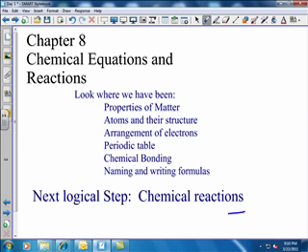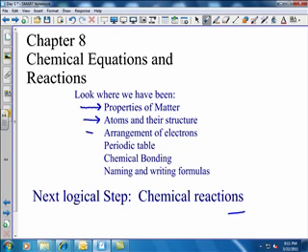Okay, so Chapter 8 is entitled Chemical Equations and Reactions, and it really is the next logical step to where we've been. If you look at where we've been, we started out the year looking at properties of matter. Then we looked at the atoms and the fact that they're made of protons, neutrons, and electrons.